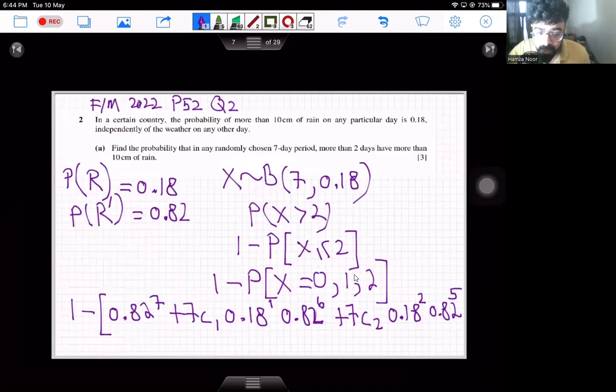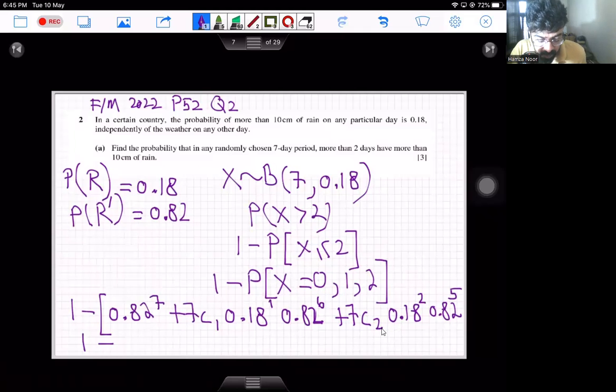So what you need to do is add all these values in your calculator: 0.82 raised to the power 7, plus 7C1 multiplied by 0.18 multiplied by 0.82 raised to the power 6, and then add 7C2 times 0.18 squared times 0.82 raised to the power 5.